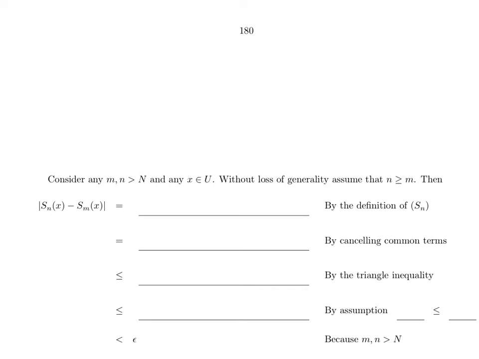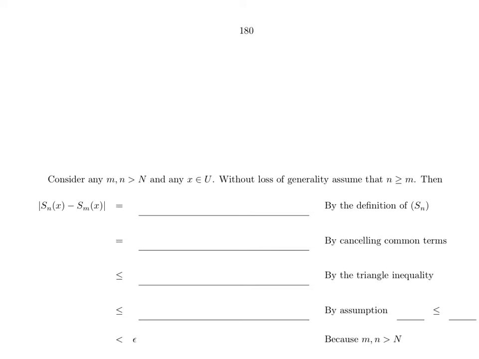We want to show that the absolute value of S_n(x) minus S_m(x) is less than epsilon. Now, notice that's a sequence of partial sums, so a bunch of terms between those two things will cancel. That'll happen in this step. In order to make it clear what the cancellation will look like at the end, let's assume, without loss of generality, that little n is bigger than or equal to little m.